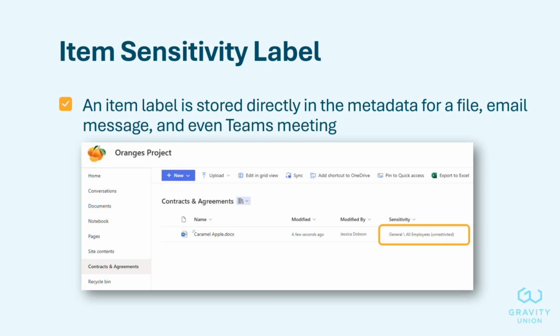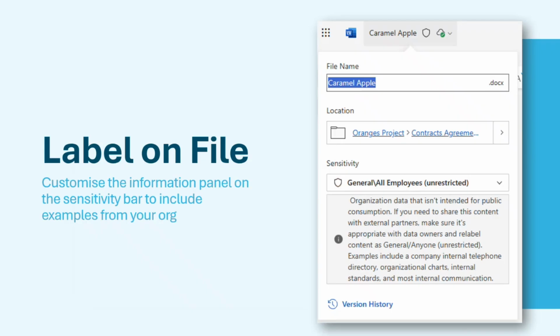So this means that if you're a particularly adept software developer or have access to those wonderful IT resources, you can use the Microsoft Protection SDK to fully support labeling and encryption capabilities across multiple different platforms. As well, this means that the sensitivity label is tied directly to the file itself when you apply it at this level. However, there are sensitivity labels that apply to containers as well.